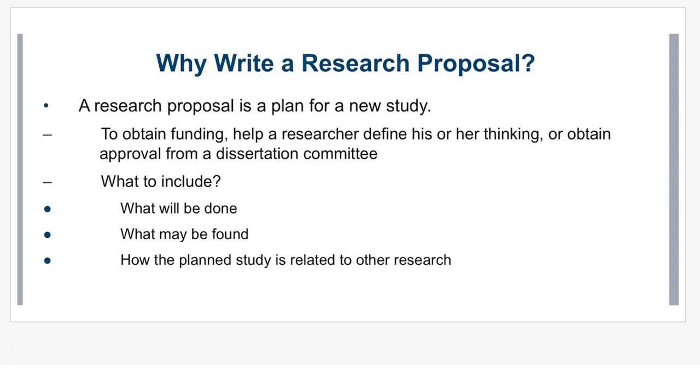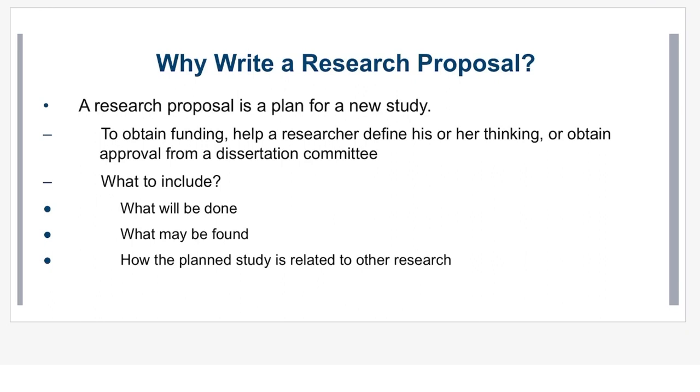And once they have that proposal, then they're able to reuse a lot of that information for their actual research report, because again, it's very similar. And then also obtain approval from a dissertation committee, or the IRB for the university if you're doing campus research, things like that.